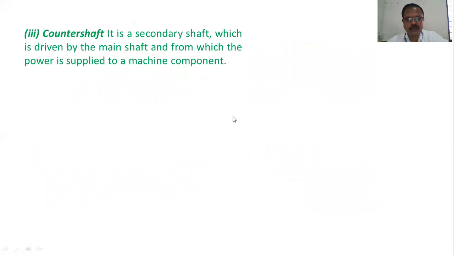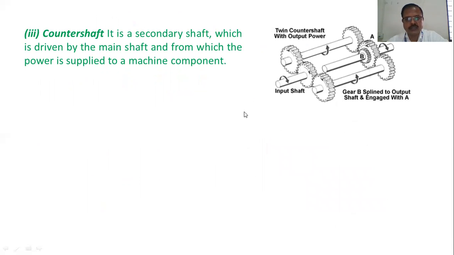Next, a shaft can be a counter shaft. So it is nothing but a secondary shaft which is driven by means of the main shaft and from which the power is supplied to the machine component. In this case, we can see an input shaft over here.